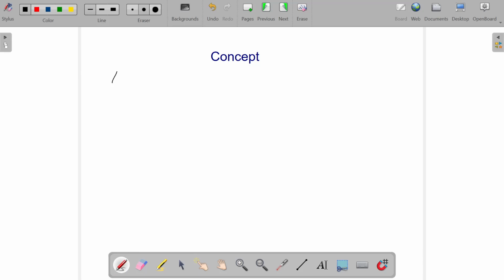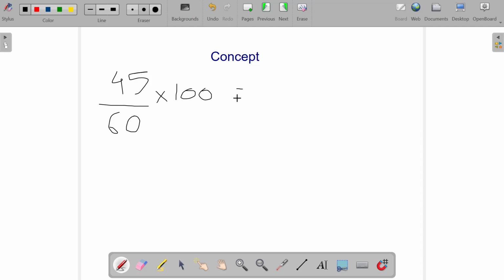So value is how much? 45 divided by total value, which is nothing but 60, and then this multiplied by 100. We learned this formula, right? Percentage is nothing but value divided by total value into 100.